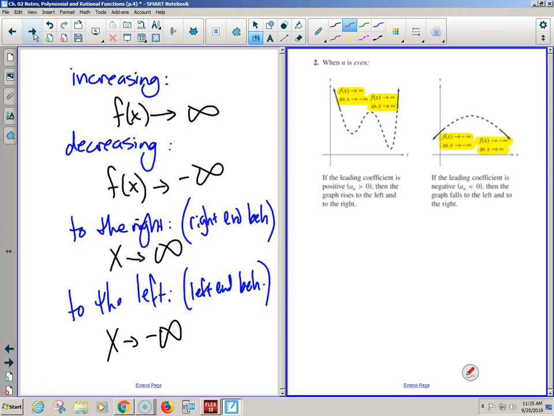Even without maybe being able to see it up here. As x goes to positive infinity, what's f of x doing? As x goes to negative infinity, what's f of x doing? Understand that means as I go to the right, my function is, or as I go to the left, my function is.